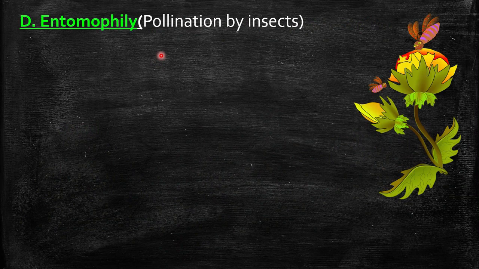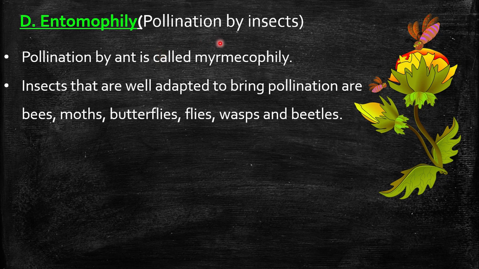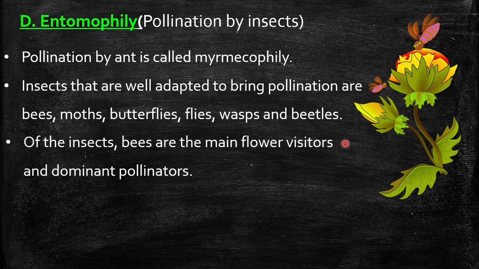Next, entomophily, pollination by insects. Pollination by ants is called myrmecophily. The insects that are well adapted for pollination are bees, moths, butterflies, flies, wasps, and beetles. Of the insects, bees are the main flower visitors and dominant pollinators.